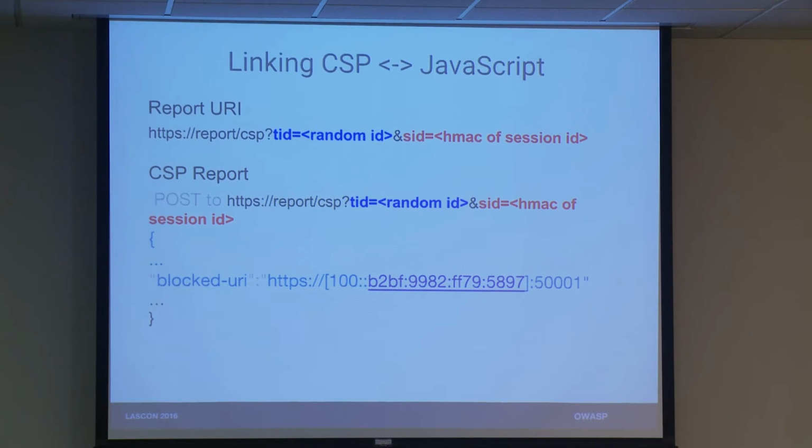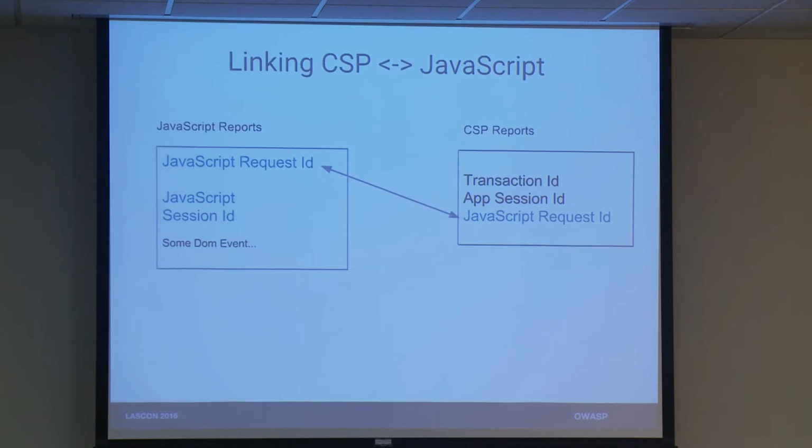So we just parse that out of there, match them up, and now we can combine CSP reports and our JavaScript information as well. And you can either use a live update in the CSP event, or you could have a link table in there as well that would allow you to more lazily do that in a historical manner.